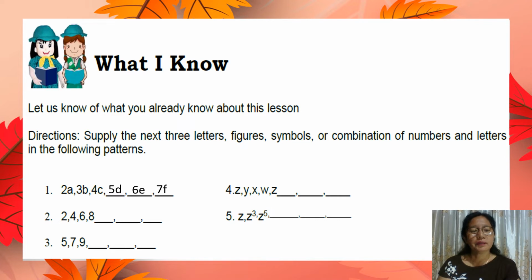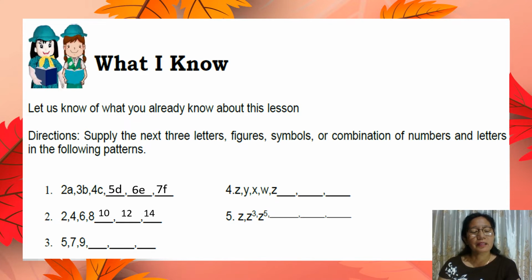For number 2, the numbers are in ascending order. It is a multiple of 2, or each term increased by 2. 2 plus 2 is 4, 4 plus 2 is 6, 6 plus 2 is 8, 8 plus 2 is 10, 10 plus 2 is 12, 12 plus 2 is 14.